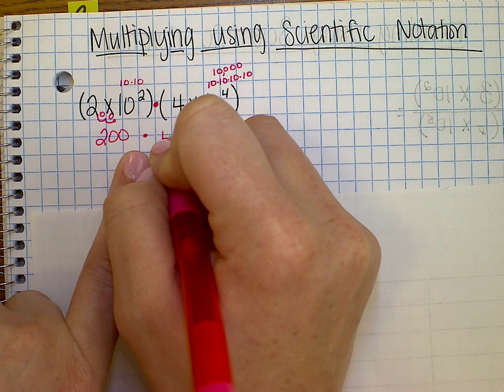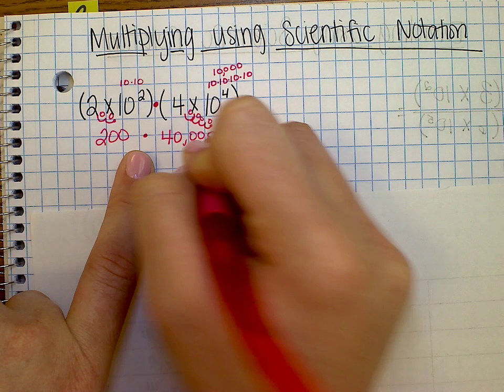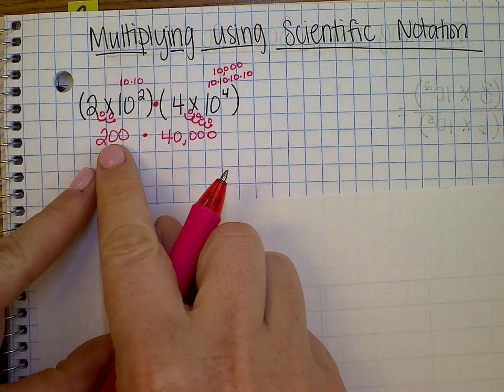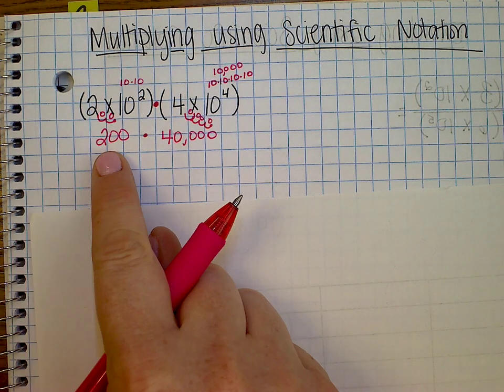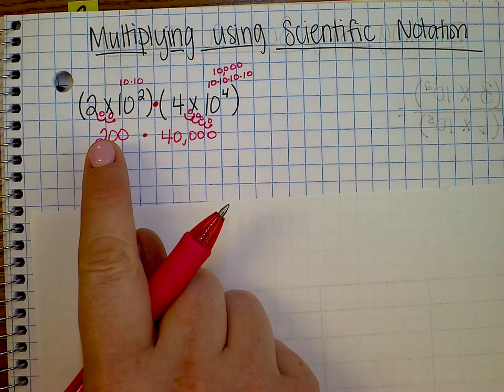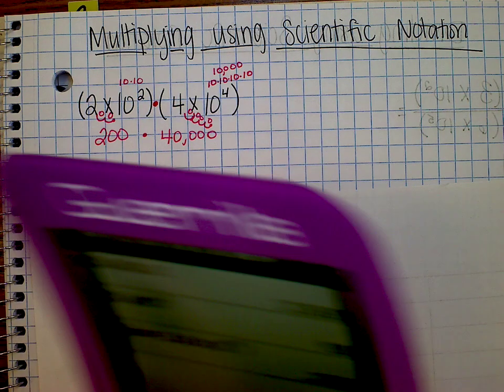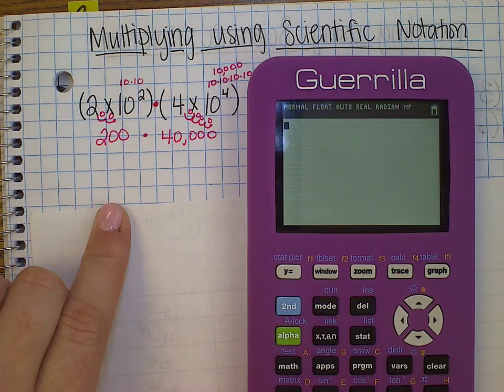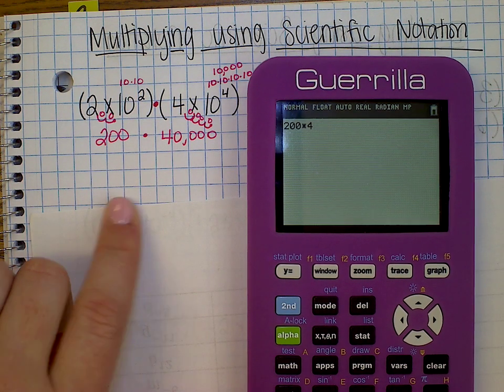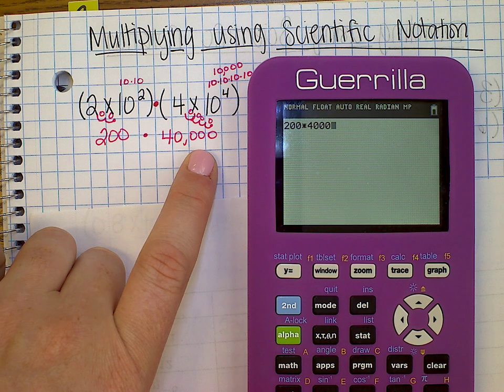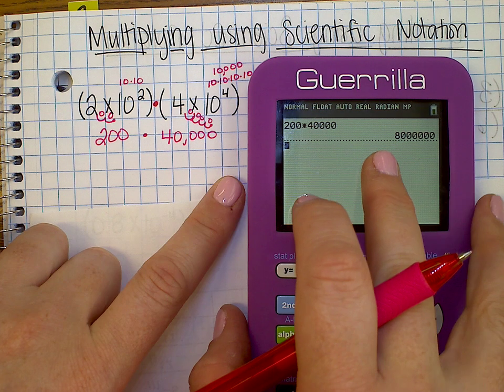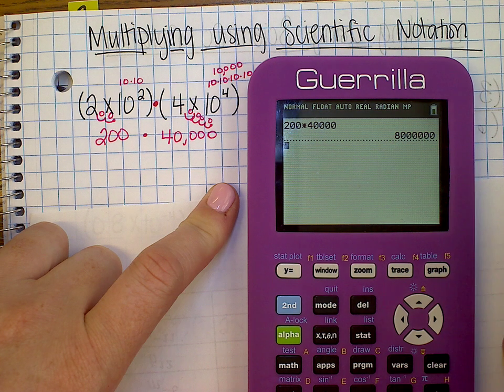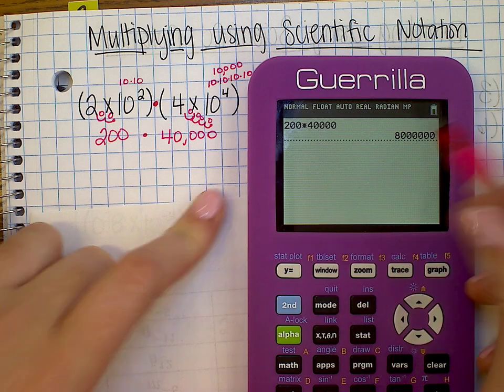So 200 times 40,000. You could multiply that out, and I'm going to use a calculator. 200 times 40,000 would give you 8 million.